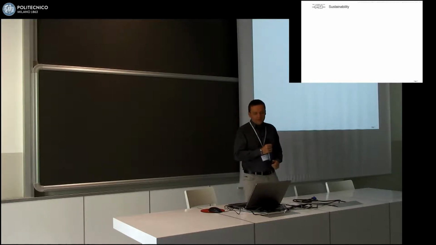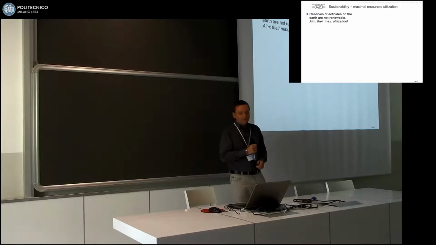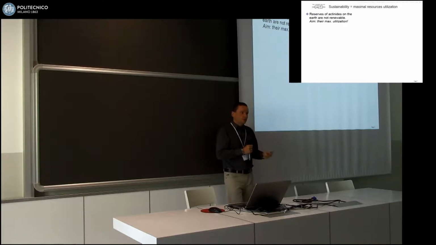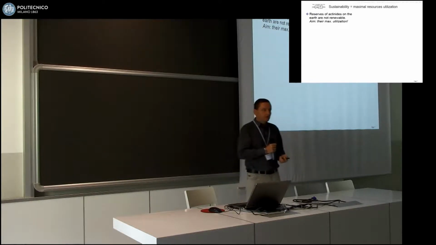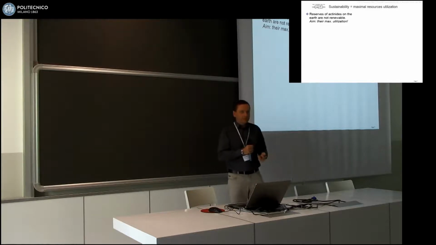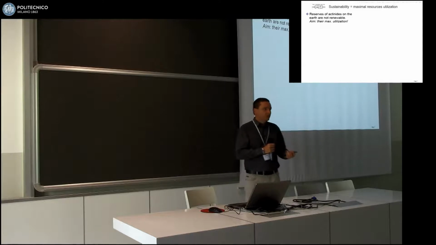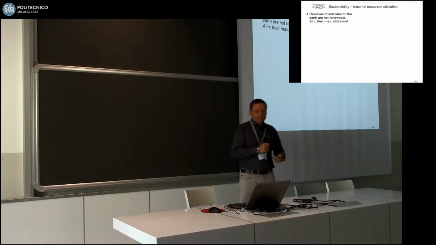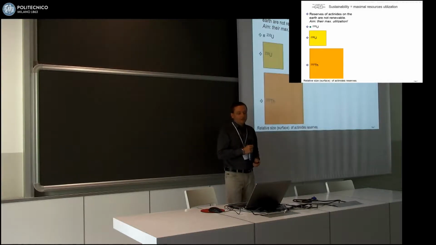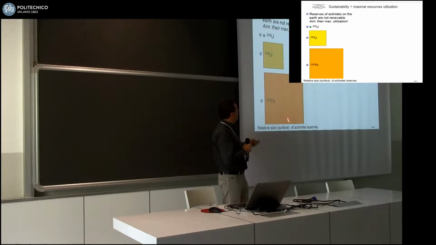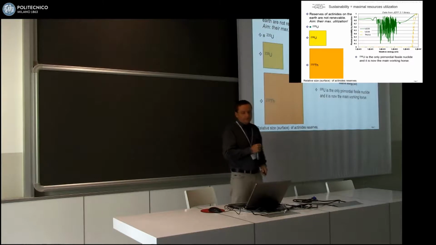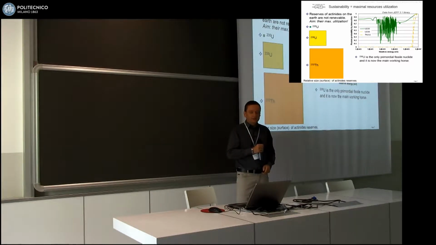So the stockpile, what we have, if we speak about sustainability, are the actinides which are from supernova explosion. So they are definitely not renewable. We cannot wait for the next batch of actinides. So the aim of the fuel cycle, if you speak about sustainability, is the maximum utilization of the resources. Relative share of resources we have is illustrated here, and unfortunately it's only uranium-5 which is fissile.